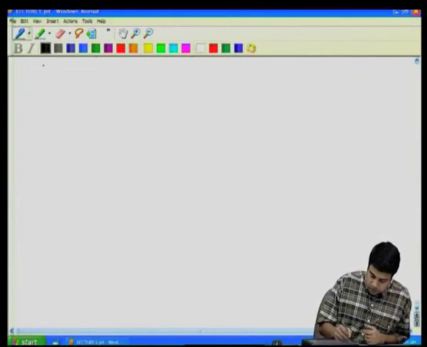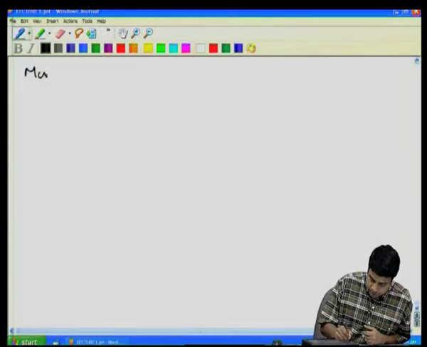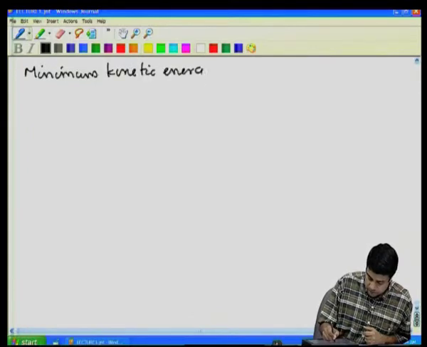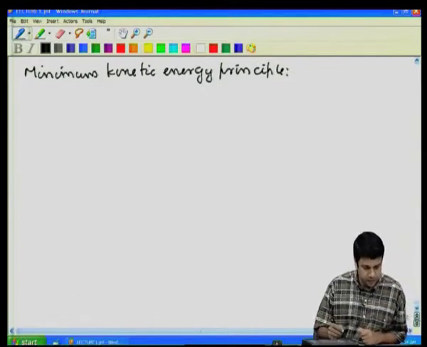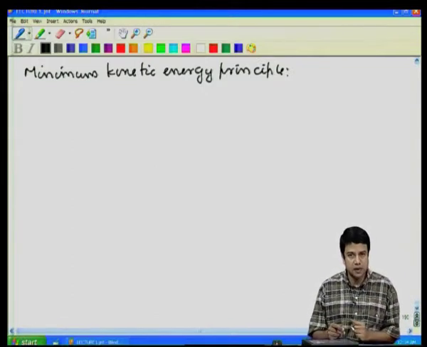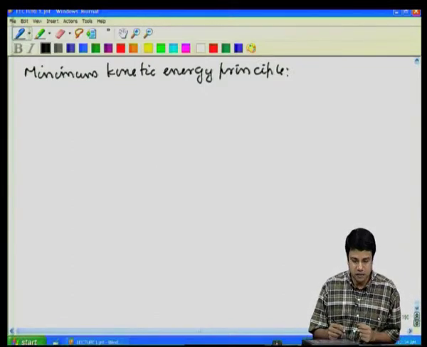One can also show what is called the minimum kinetic energy principle. Okay. What the minimum kinetic energy principle states is as follows.